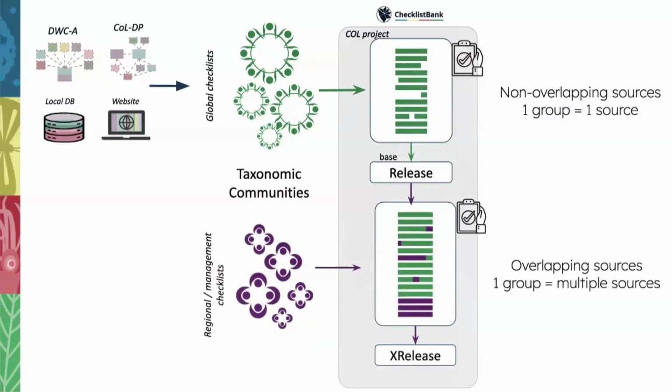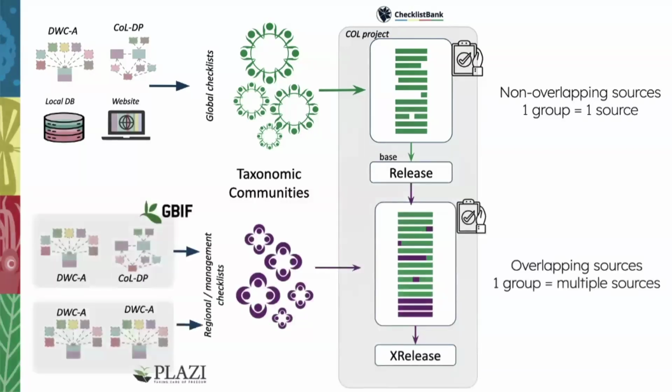Luckily for us, we already have very strong communities providing this extra taxonomic information. We are, for example, getting information from GBIF, whose data model has been providing checklists to ChecklistBank for several years now. It also has a very large geographical scope.